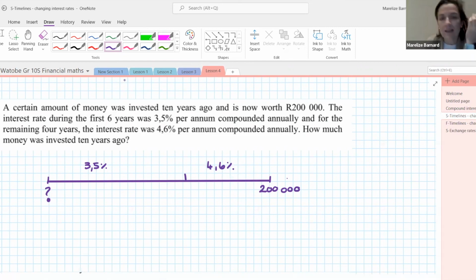If you're getting a number more than 200,000, you're not working it out correctly. Okay, so try again. So I'm going to convert my interest rates to decimals. Okay, and this is 6 years, and this is 4 years.